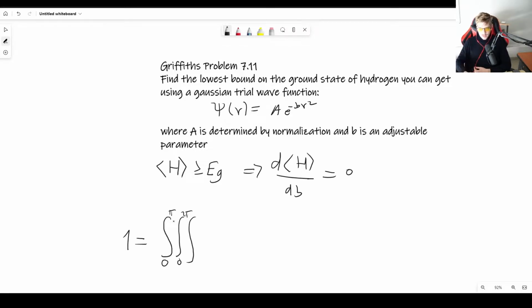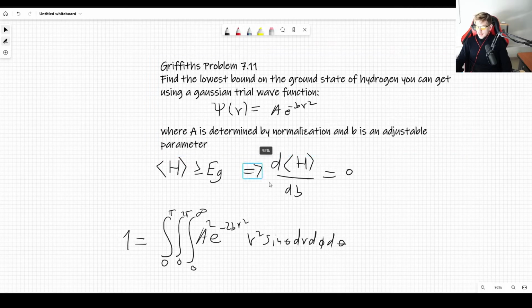I call them like this, so this would be theta for me, 0 to 2 pi is phi for me, and 0 to infinity is r. So this would be A squared e to the minus 2b r squared. And of course, r squared and sine theta, don't forget about it, we are dealing with spherical coordinates.